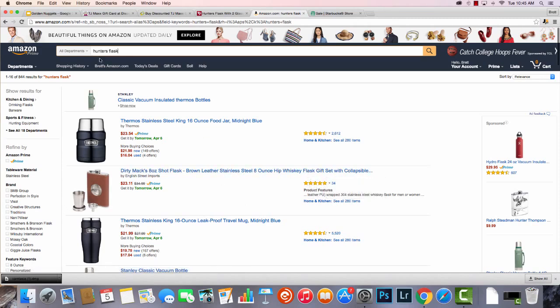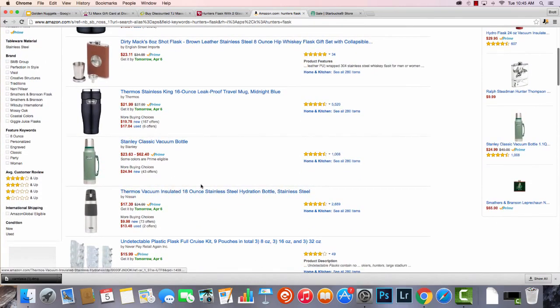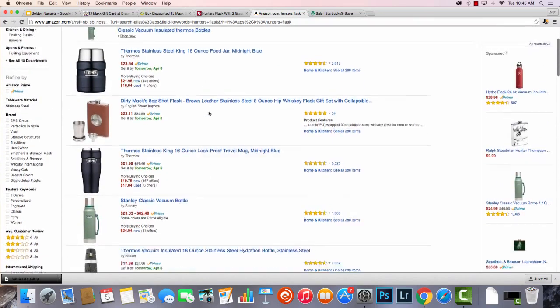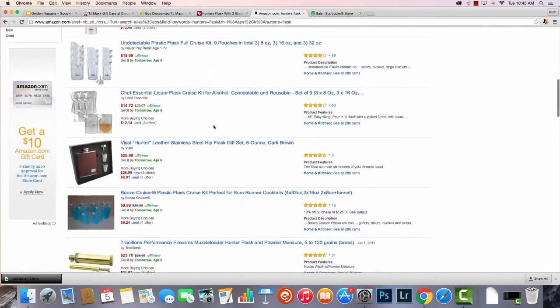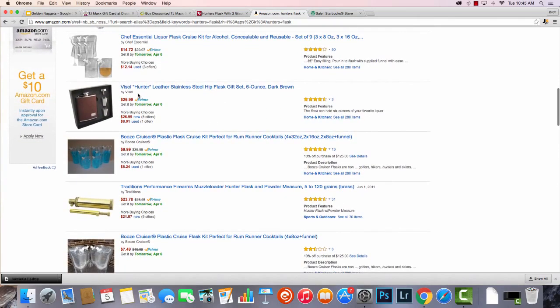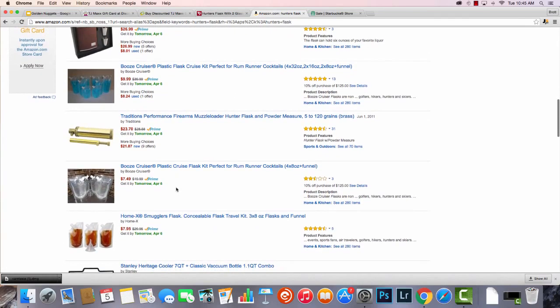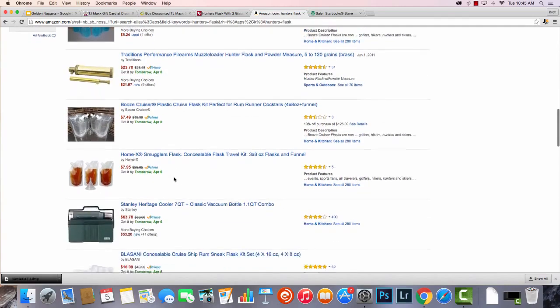Nobody, when you type in Hunter's flask, which is a huge market, which is crazy to me. Look at how many of them are targeting that specific keyword or search term. None. Okay, except this person. This person's trying to fit it in right here. This is a huge opportunity, and that's how quickly using TJ Maxx you can do it.